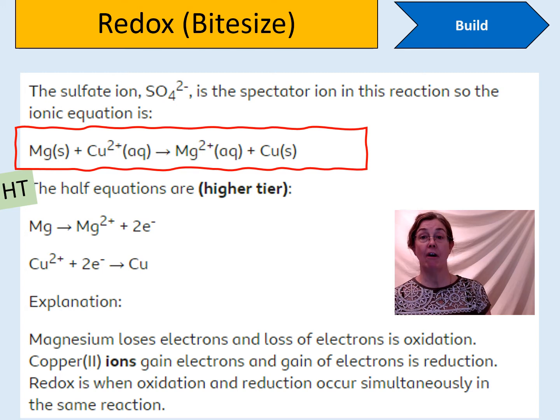So there we have our two half equations. Magnesium is losing 2 electrons, so it is being oxidized, whereas the copper 2+ ion is gaining the 2 electrons and it is being reduced. So this we can explain in terms of electron gain and loss.